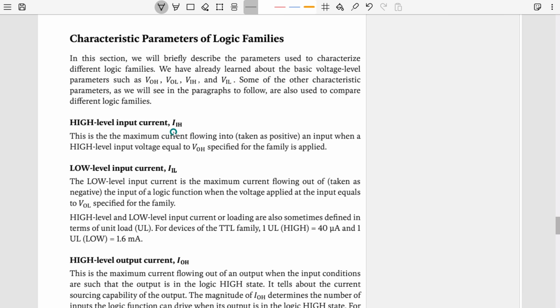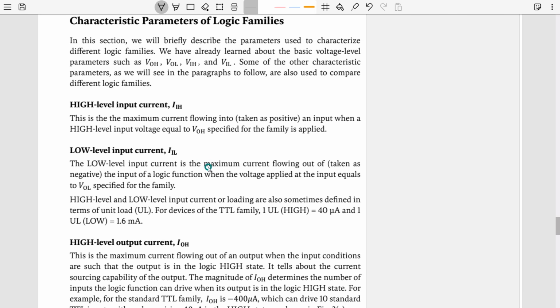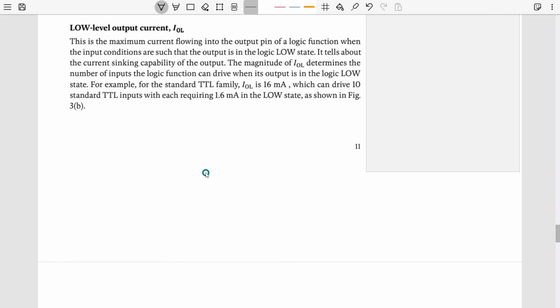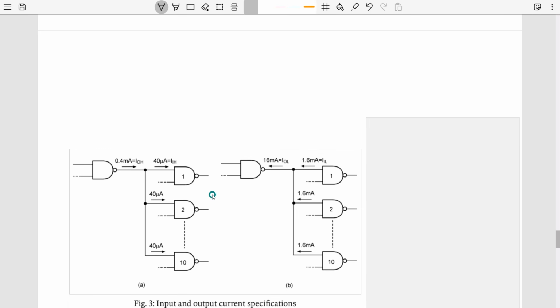So high level input current, IIH, what is that? Basically we also have to think about the current that flows into a particular gate or comes out of a gate, both in terms of input and output. So there are certain parameters like that.